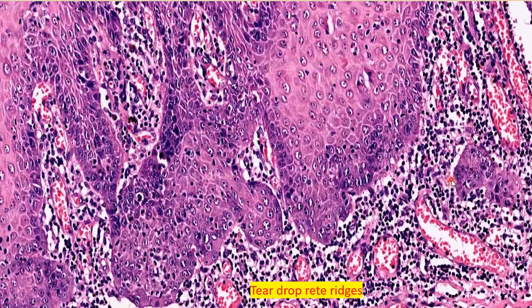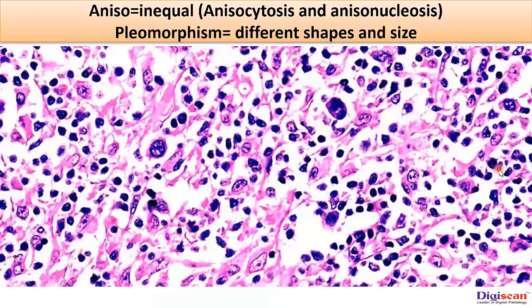If invasion is limited to the upper part of the mesenchyme and not going deep, then it may be called microinvasive carcinoma or early invasion. Then another term you will be hearing very frequently is anisocytosis and anisonucleosis. What is that? Aniso means unequal.